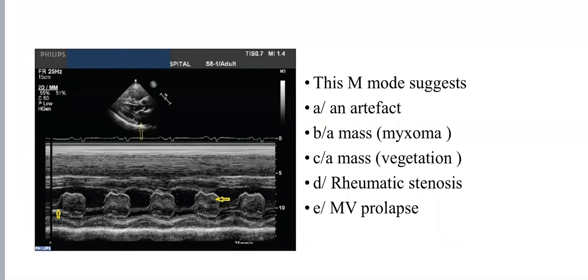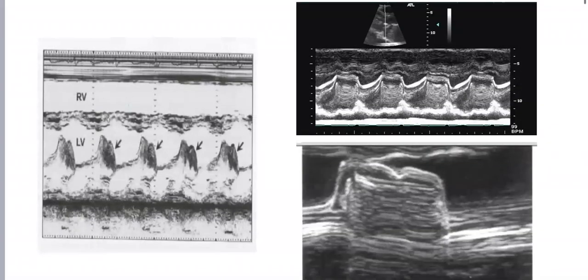Now, compare this one to the image on the left. What do you think about the image on the left? I also have an echo-dense mass or shadow or something filling into the space between the two leaflets. But the filling is not as complete as the one on the right side.